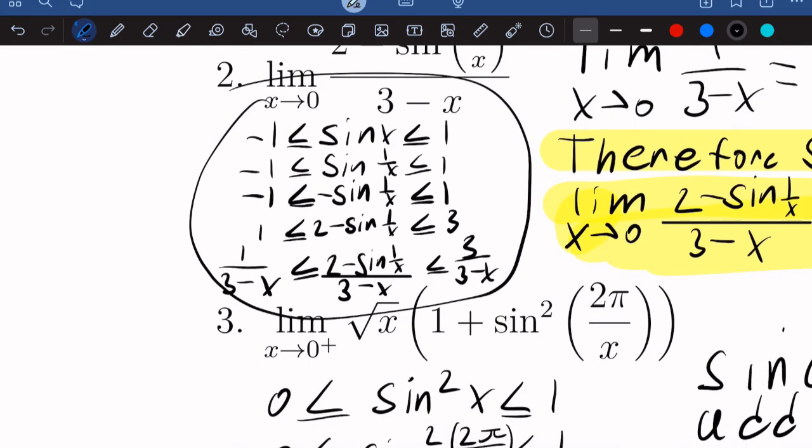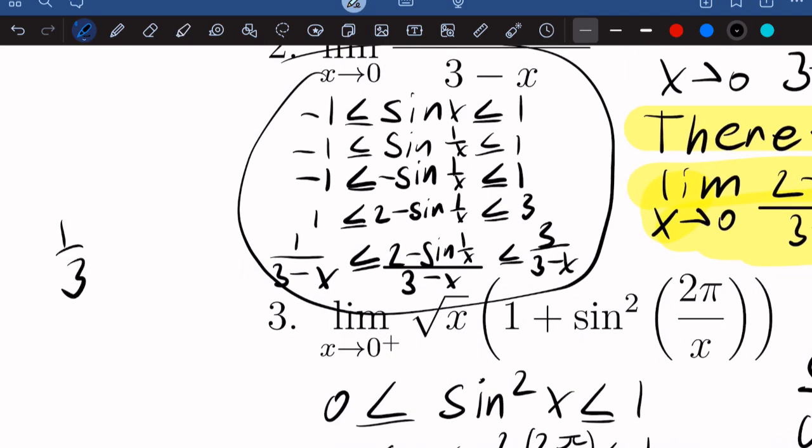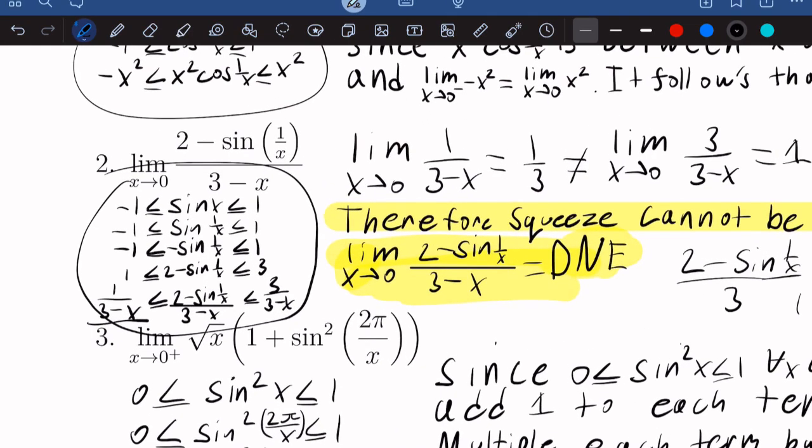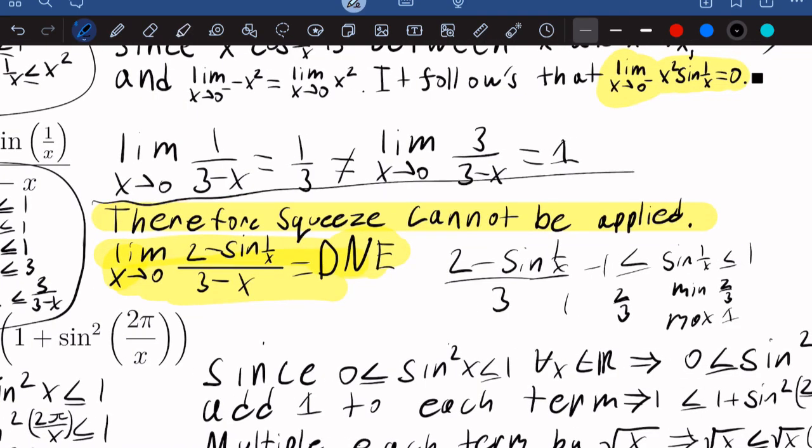So if you notice, if you take the limit as x approaches 0, you get 1/3 from this one, and then you get 1 in the other. So this is a case where the second condition is not true, because the limit is not the same, which is shown here. If that's the case, you can just say, therefore, squeeze theorem cannot be applied.